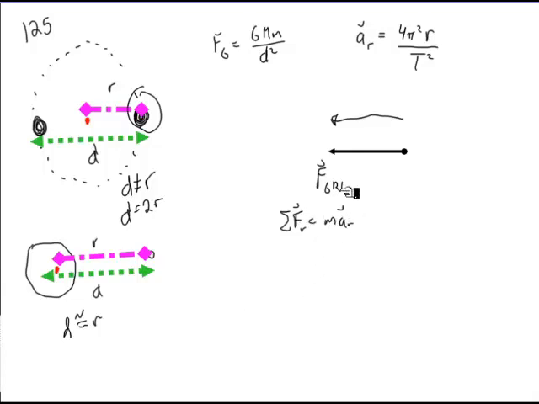So what are some of the forces in the radial or towards the center direction? It's just F_G, and that equals m a_R. And both of these have substitutions, right? This can be substituted for Newton's law of universal gravitation, G m M over d squared.